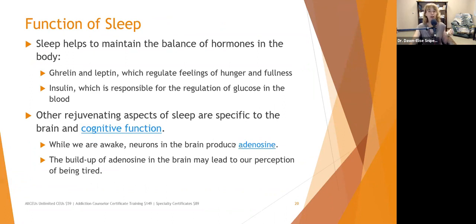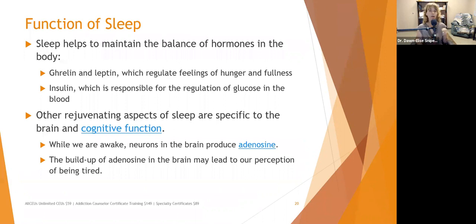Specifically, ghrelin and leptin regulate feelings of hunger and fullness. So when people's circadian rhythms get out of whack, their ghrelin and leptin get out of whack, and when they're awake, they're not sure if they're sleepy or hungry, or they don't know what to do, which is why a lot of shift workers end up having problems with weight and nutrition.